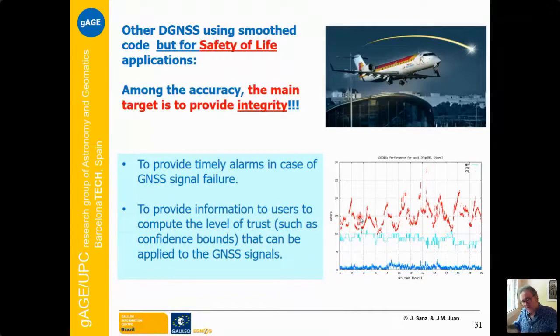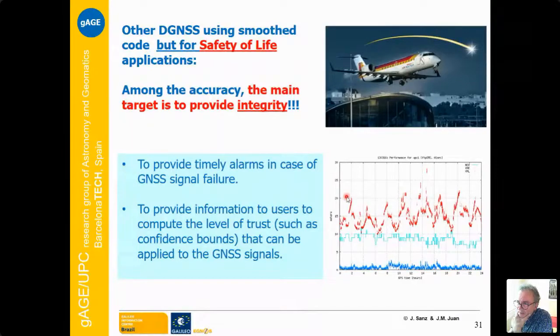Confidence bounds as an estimation of the positioning error. These confidence bounds depend on the navigation mode, but for CAT1 they are at the level of 10^-7. What does it mean?